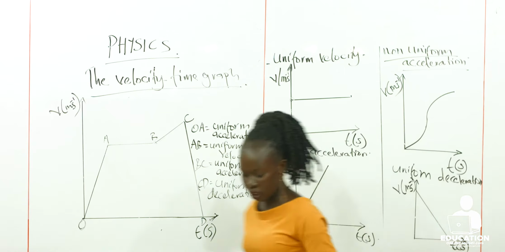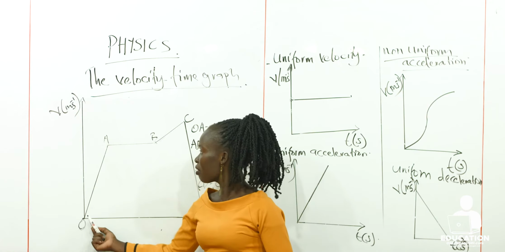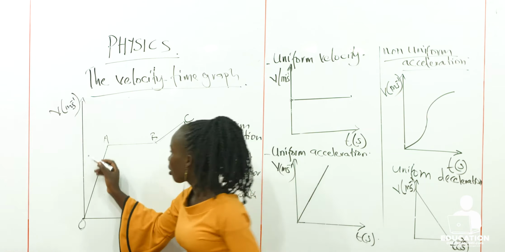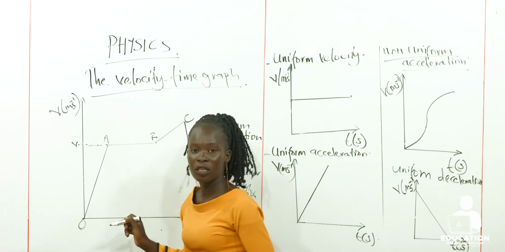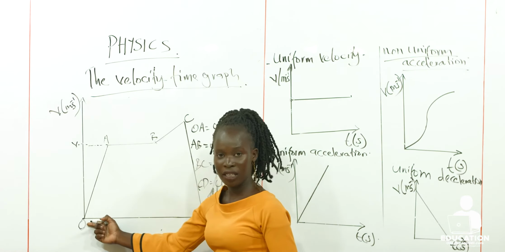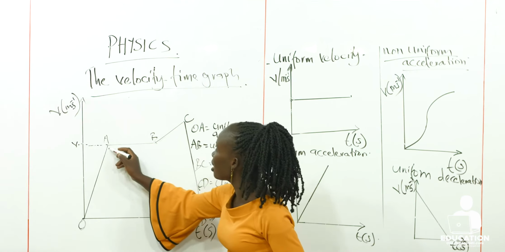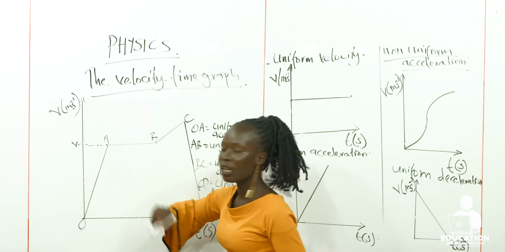So you'll see that here our body was at rest. The initial velocity is 0. Then the body accelerated to a certain value here. Let's call it V. So this value becomes the final velocity with which the body was accelerating. Now, if the body was moving with uniform velocity, what initial velocity was the body given?